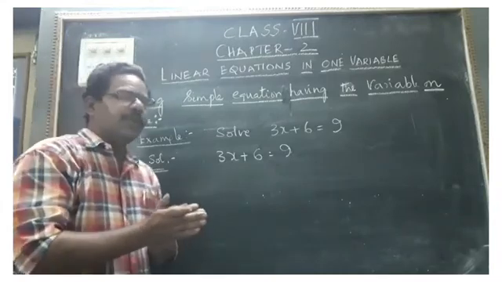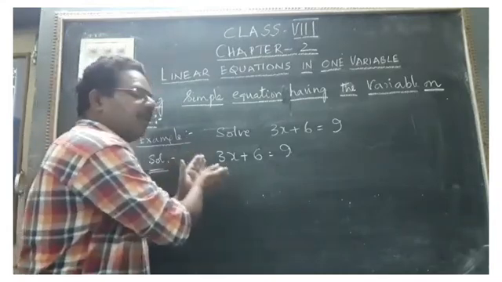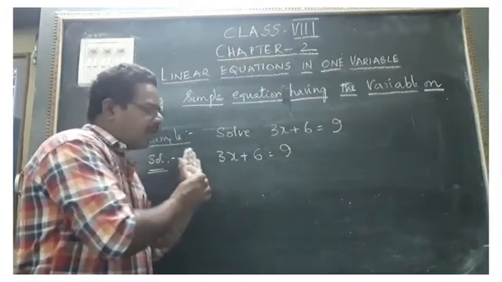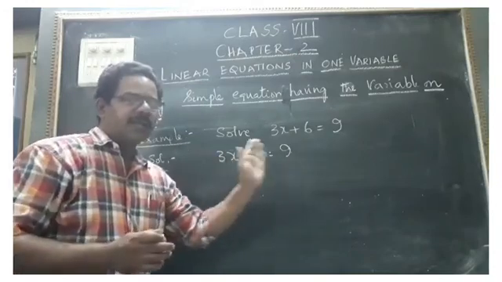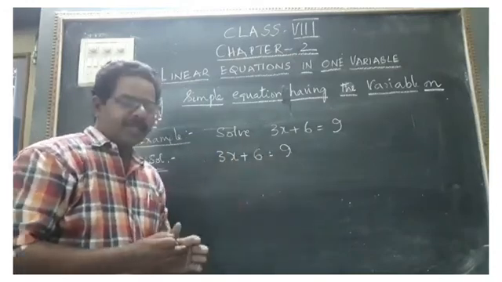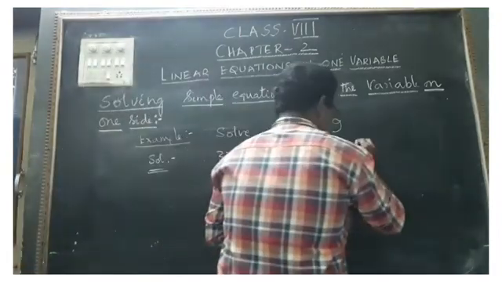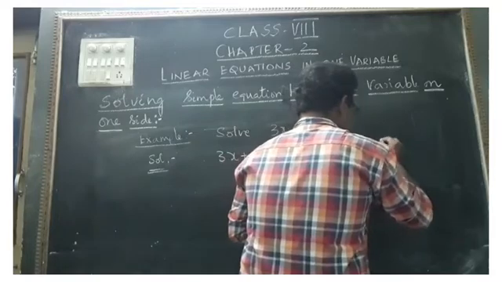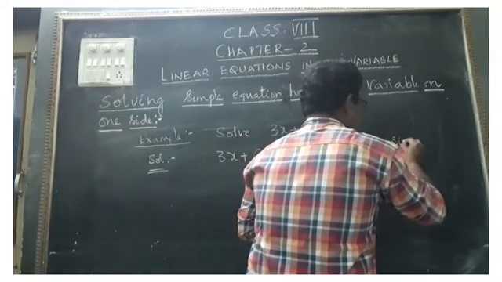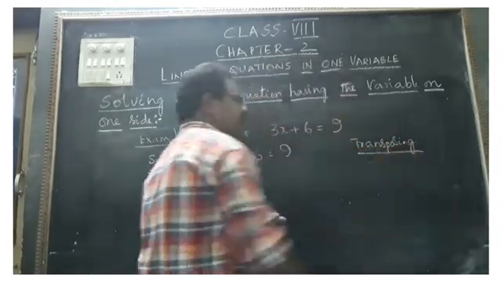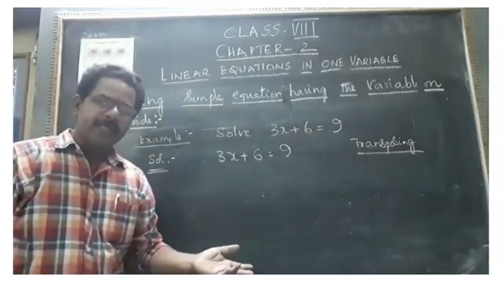For that, we have to keep the variable on the left hand side, and all constants and everything else we will take to the right hand side. Taking to the right hand side is called transposing. Transposing the terms from left hand side to right hand side, or sometimes right hand side to left hand side.